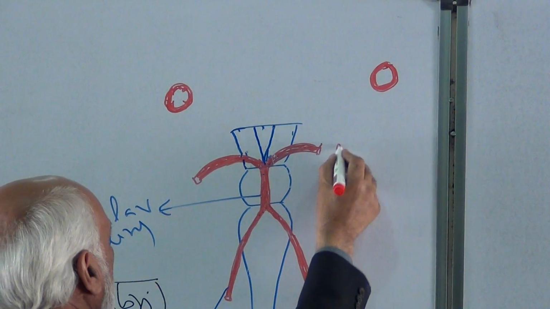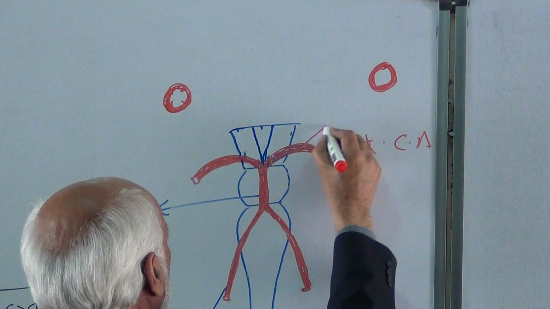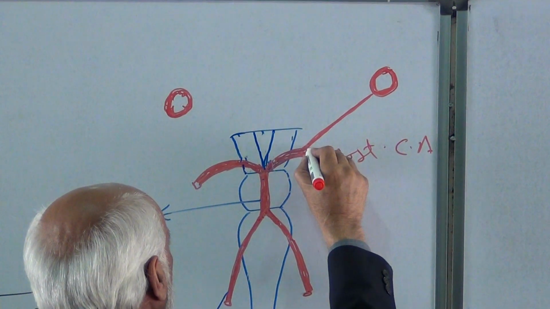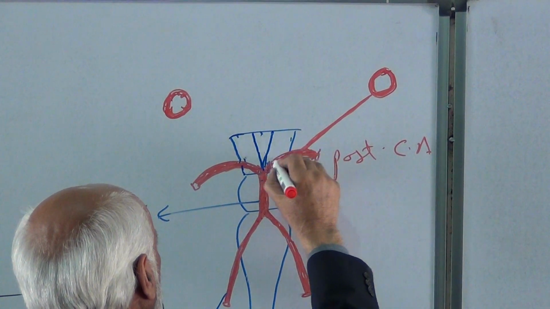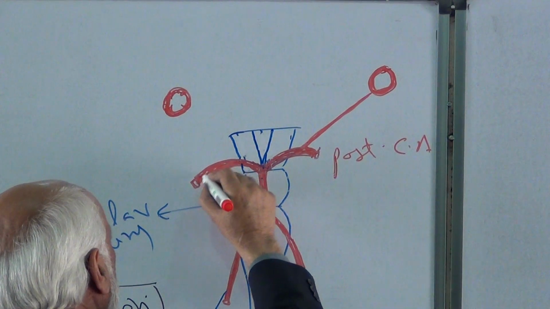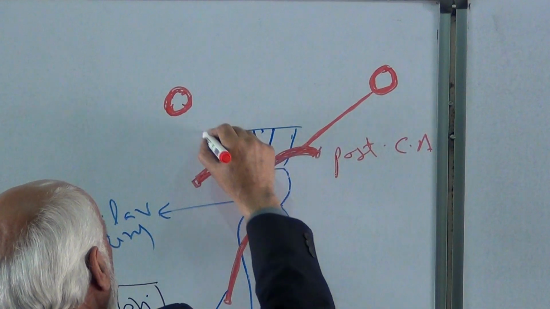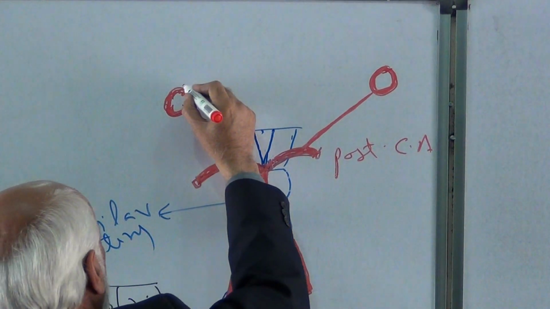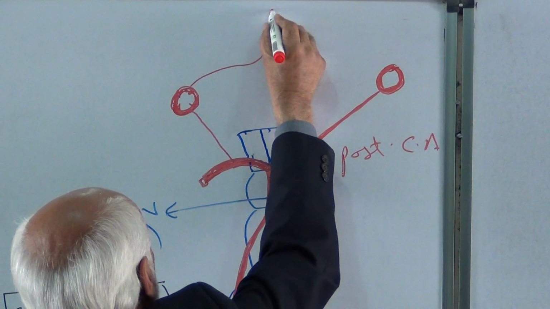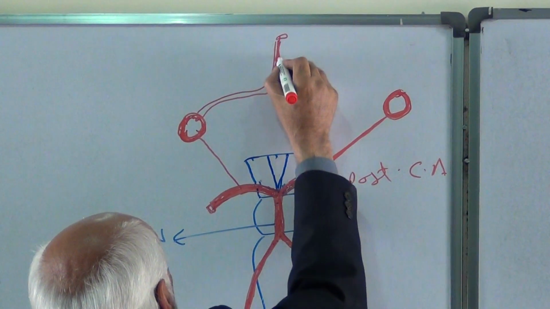From the posterior cerebral artery, the posterior communicating artery arises, which takes part in the completion of the circle of Willis. Then from the internal carotid artery, the anterior cerebral arteries arise, right and left.